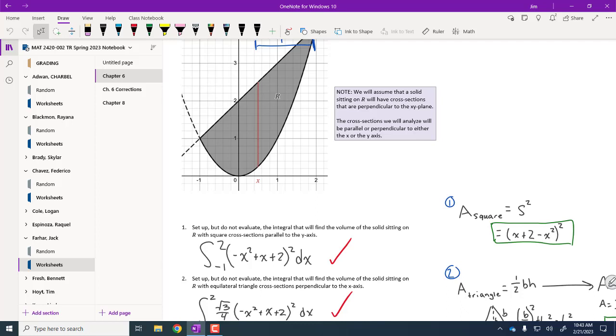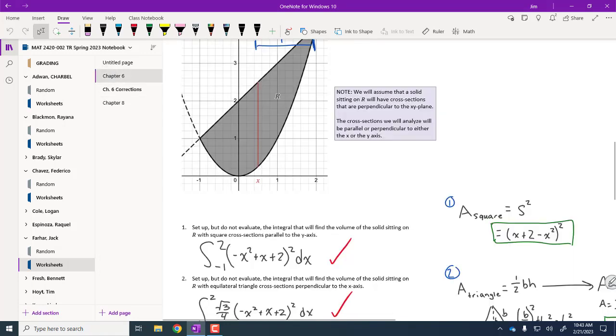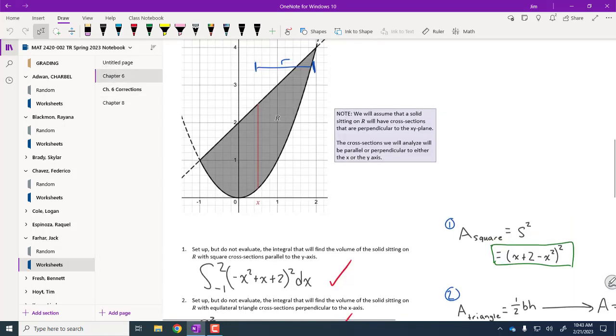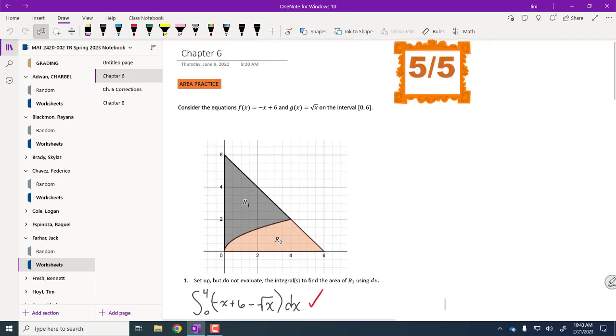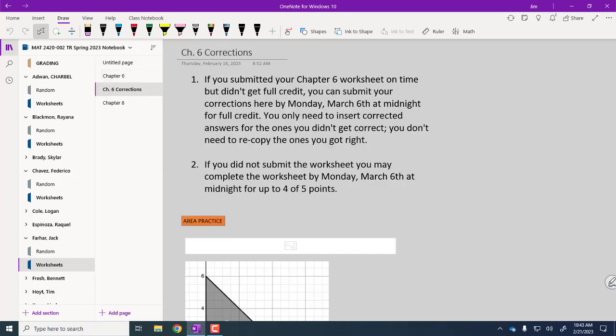Okay, so first off, notice that the new worksheet's been released. So chapter 8's been released, everybody, so you'll see that. So here's the original one, and you'll have a score up on the top of it. And then I created this corrections worksheet because I want those of you that didn't get full credit to come in and fix the ones you didn't get full credit on so that then I can give you full credit.